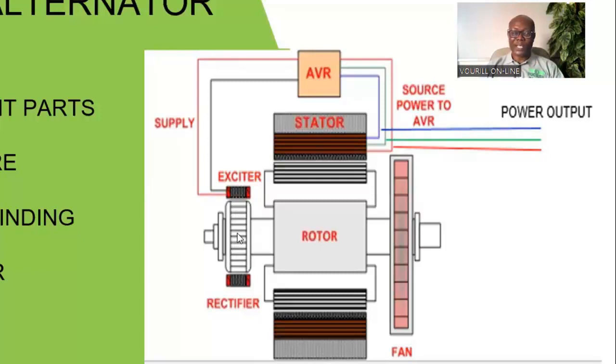Once the rotating armature produces that voltage, it sends it to the rectifier or diode plate, the rectifier assembly on the front of the alternator, which converts it into DC that is sent into the field winding.